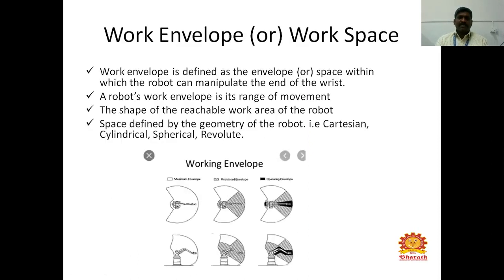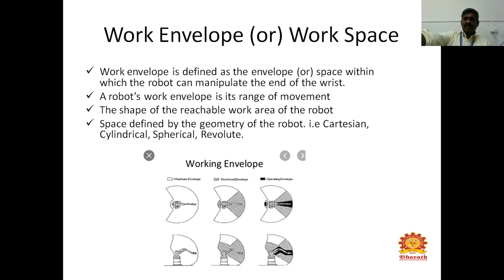Okay. Next, a very important topic: work envelope or workspace. What is a work envelope? The work envelope is defined as the space within which the robot can manipulate the end of the wrist. For example, I'm taking this hand. How can we move?